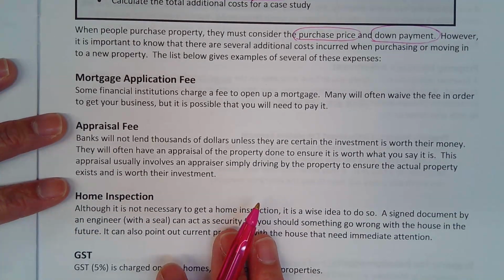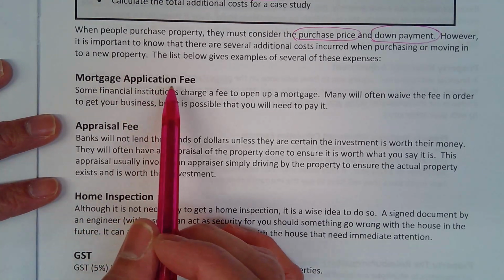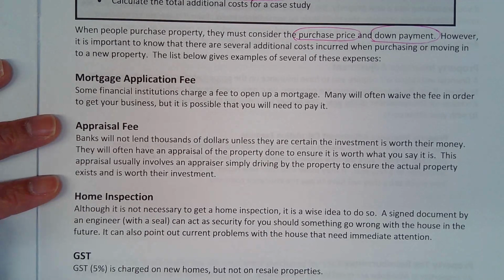So here's one of them: the mortgage application fee. At the very beginning when we did the GDSR, remember we said that we go to the bank and the bank calculates our gross debt service ratio to see if we can qualify for a mortgage.